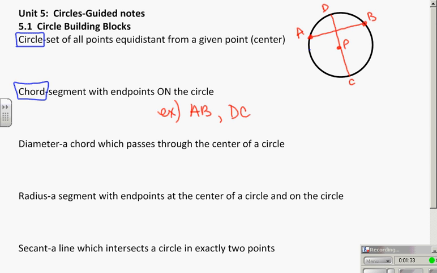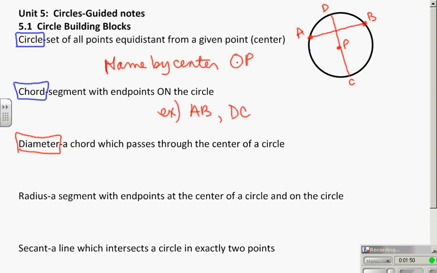Okay. I should have also mentioned we name circles by the center. So this is circle P, that's the symbol P. That's how we know which circle we're talking about.